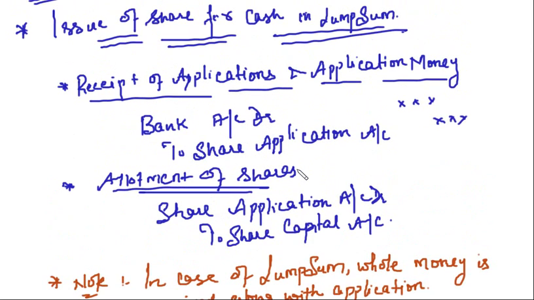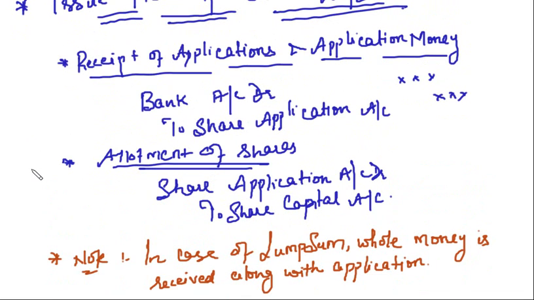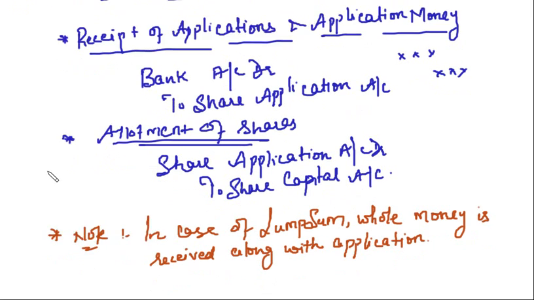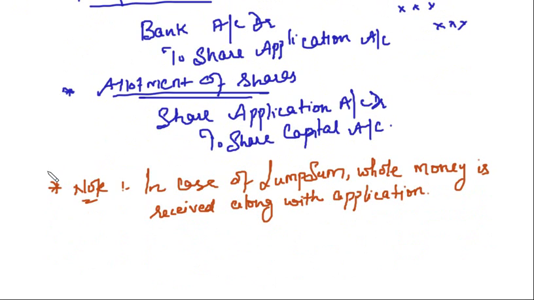Clear? This is issue of shares for cash in lump sum. First we receive applications, right? And along with the applications, we are receiving the application money. Journal entries, bank to share application. Then what we are doing is we are accepting the application, and on acceptance we allot shares to the people, and on allotment what we do is the money that we have received with the application, we transfer that money to share capital account.